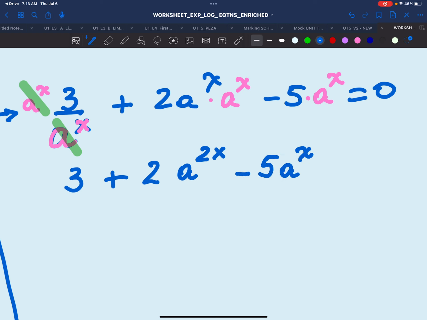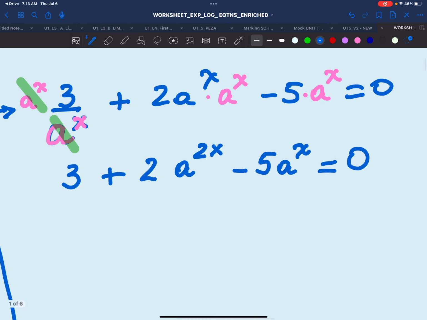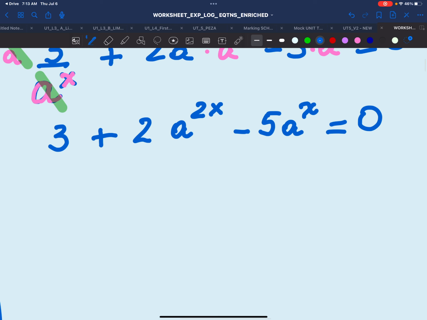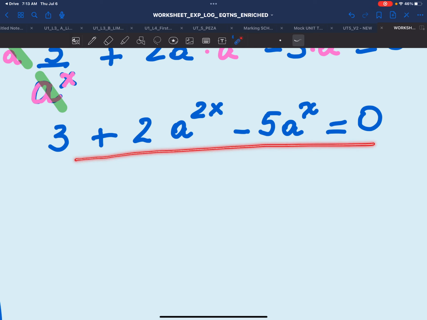Now, take another look at this equation. So see what I meant by the excitement that we have whenever we simplify an equation. You probably notice that this is an exponential equation still, but we notice that this is a quadratic exponential equation.